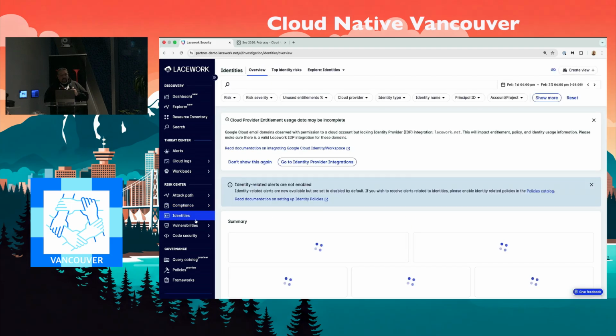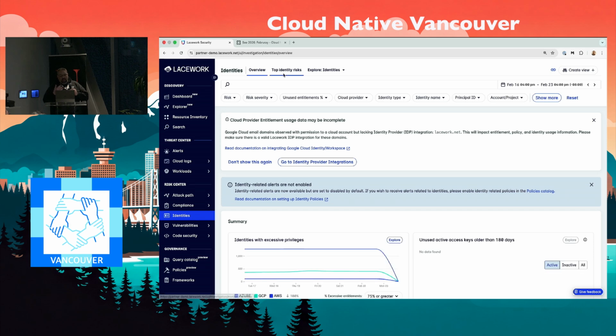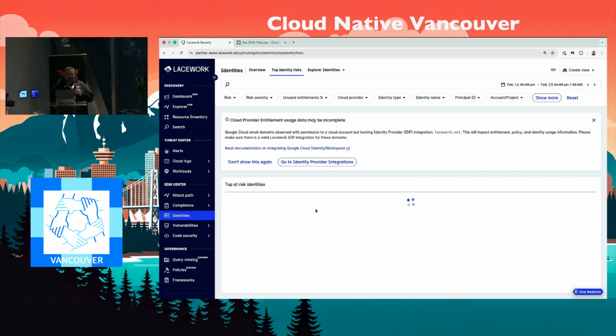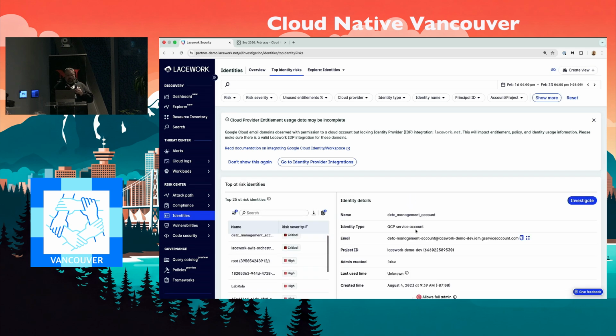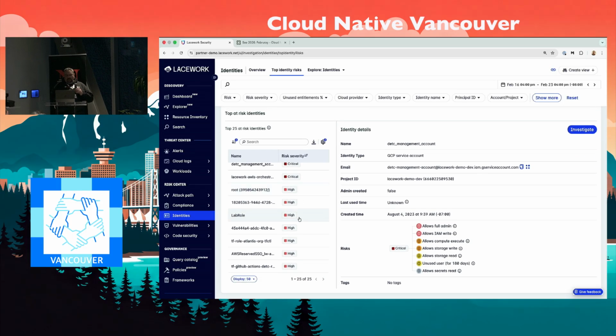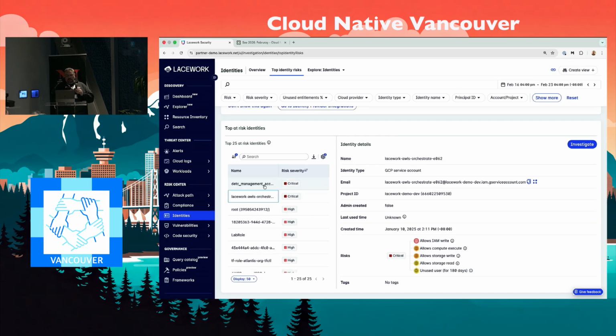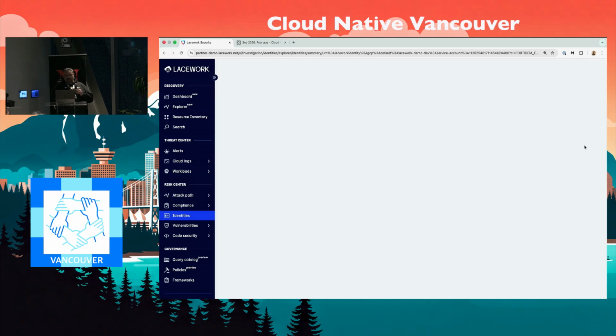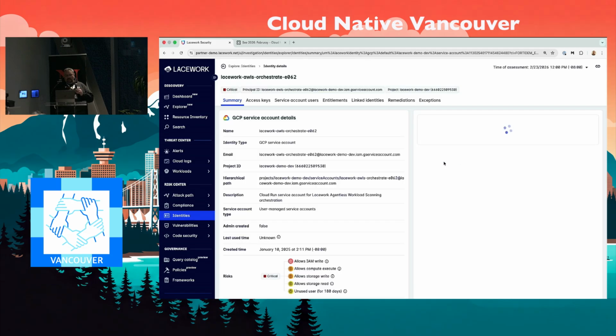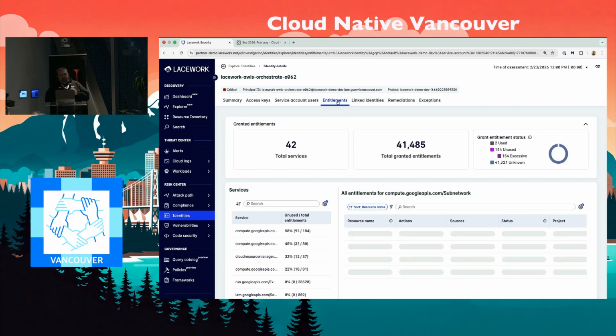So if you look into identities, it will show you the top risk identities here, and you have information about the identities at risk. So this tells you what the risk is, what it allows. Here you can investigate this specific identity, and it will show you entitlements.